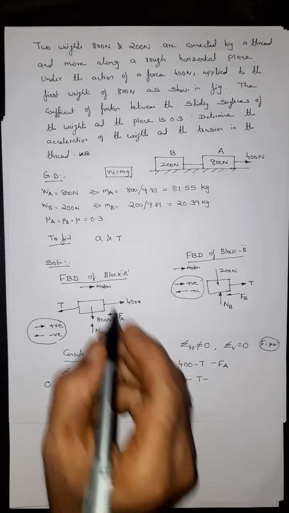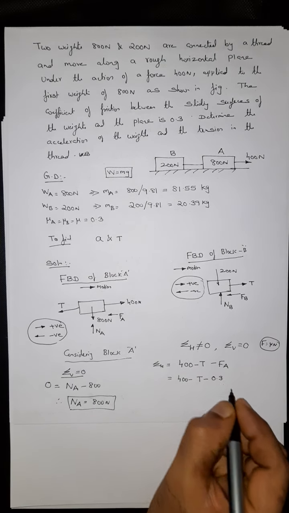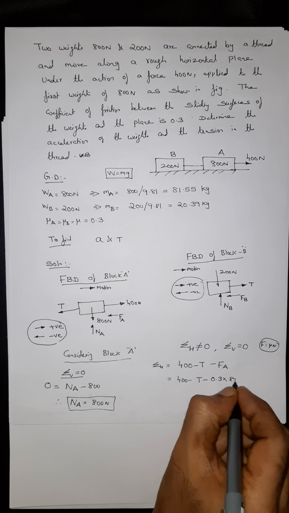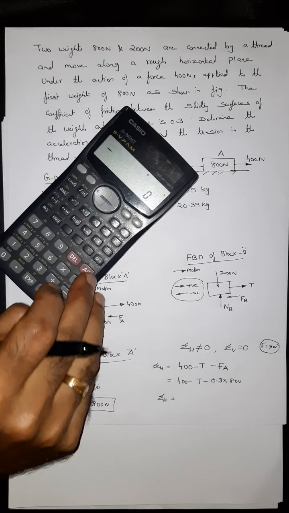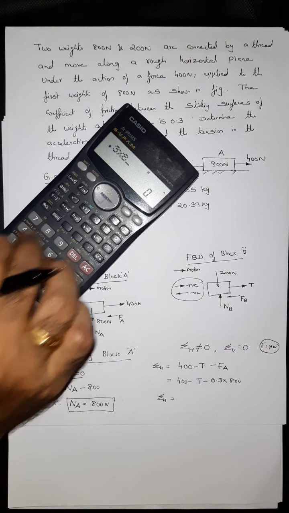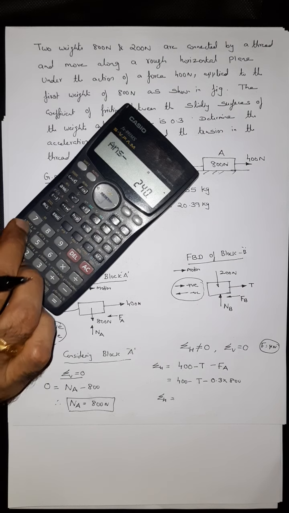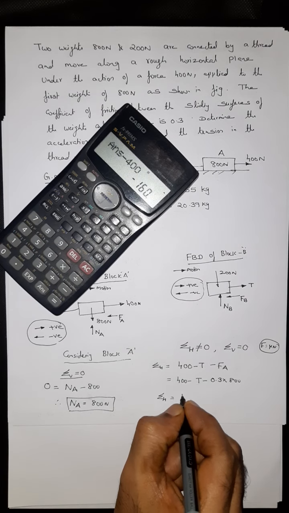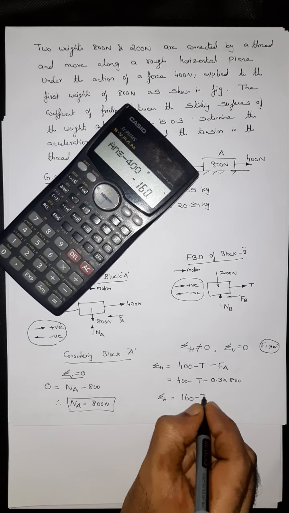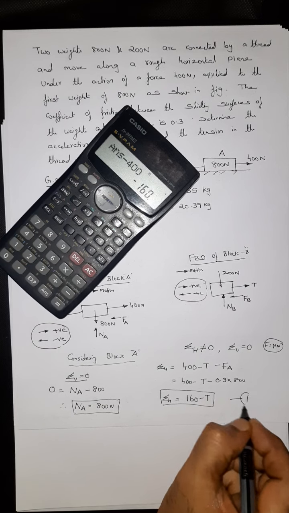So FA, mu A is 0.3, NA is 800. So summation H equal to 400 minus 0.3 into 800, which is 160 minus T. Equation number 1.